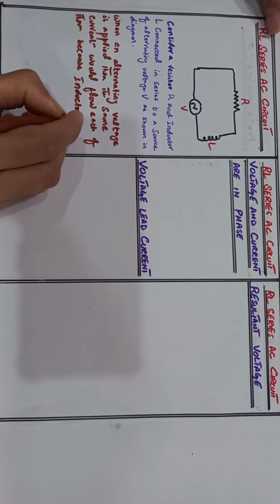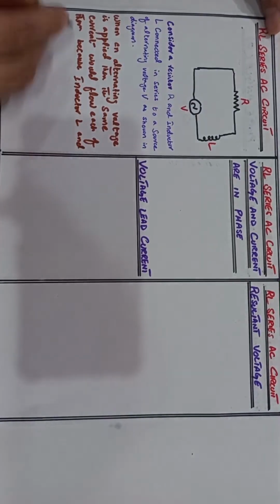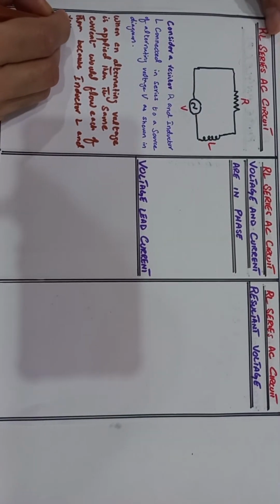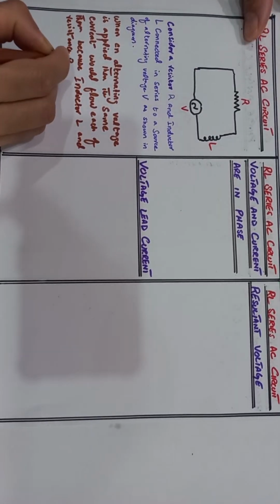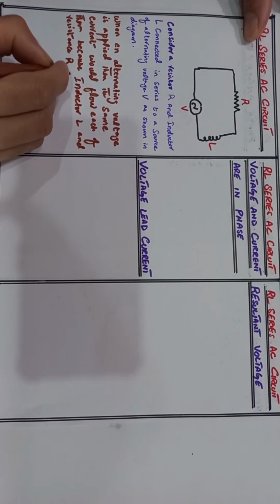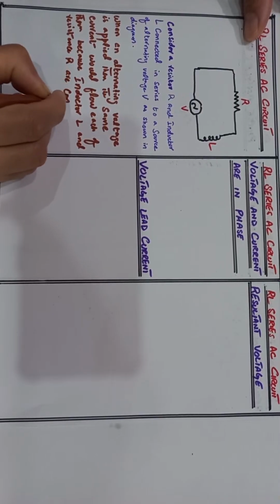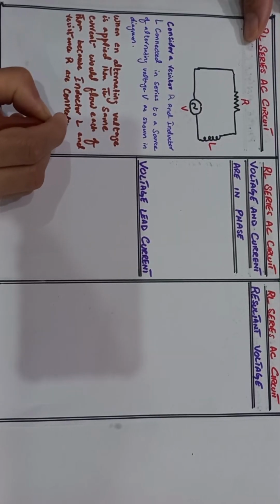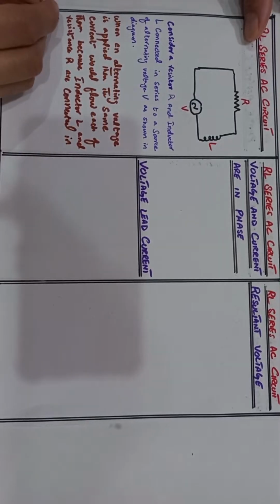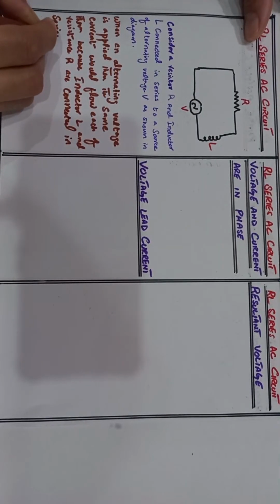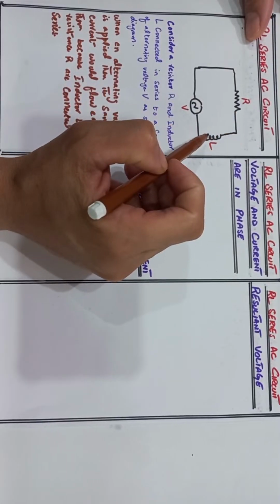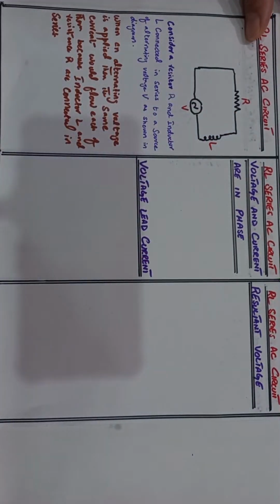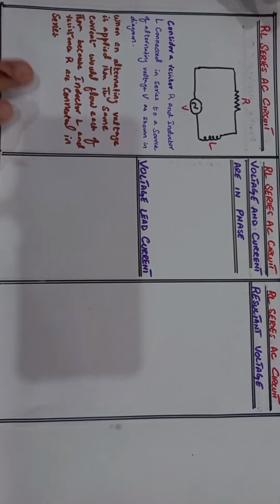Whenever we connect the resistor R and inductor L in series, the same current flows through both of them.